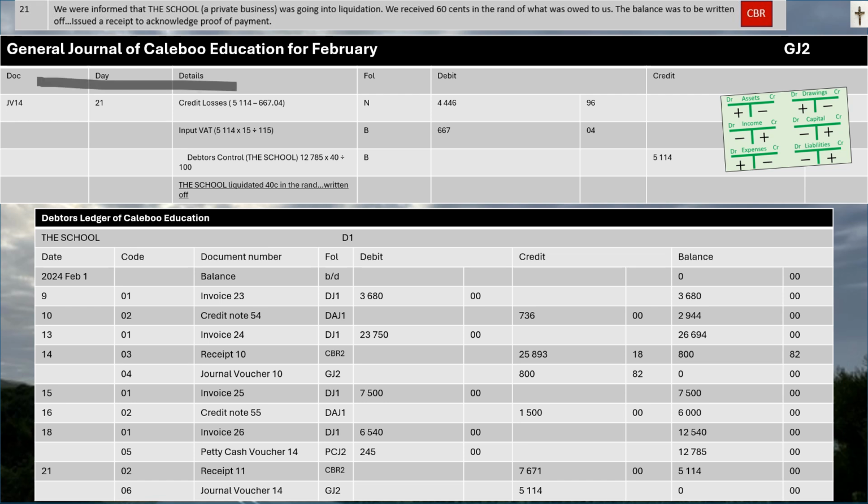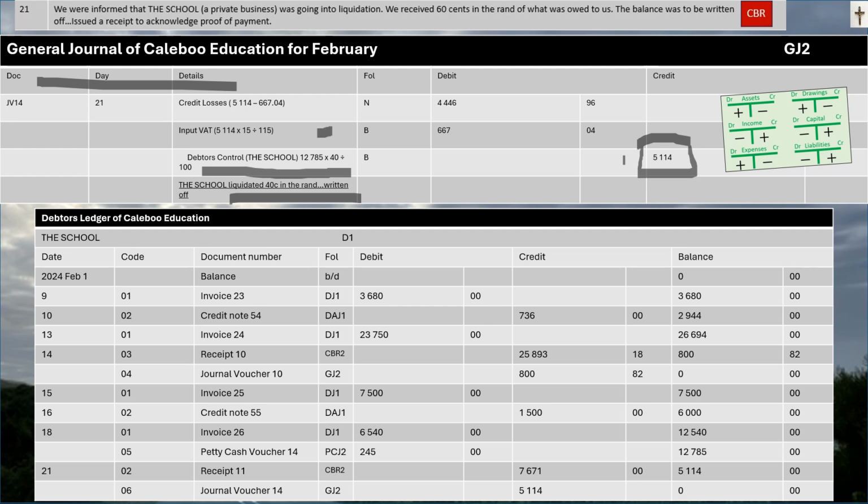So in the general journal, we have a look here. 5114, the school's account is credited with that final balance on the school's account. We're not going to receive that money. 40 cents in the rand is going to be written off.